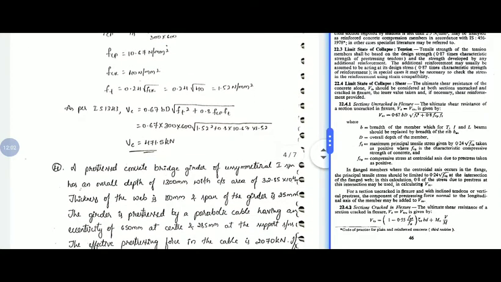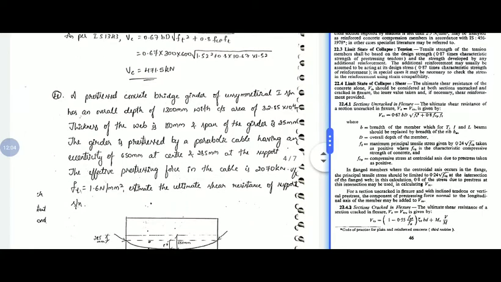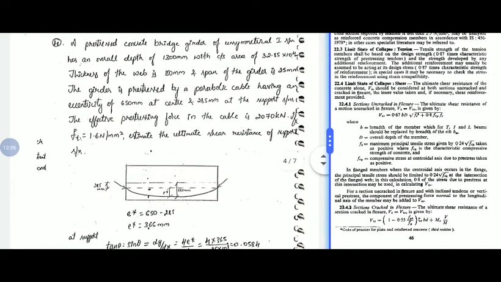Next problem. A concrete bridge girder of unsymmetrical I section has an overall depth of 1300 mm with cross-section area of 32.85 into 10 power 4 mm square.